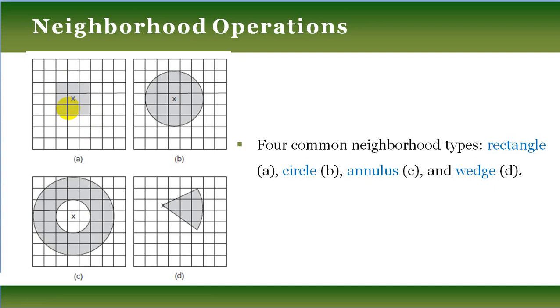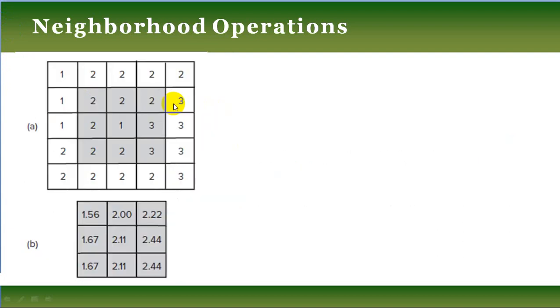Just like local operation is called compositing, raster superimposing, raster overlaying, the same way neighborhood operation is also called focal operation. So let's see a few examples. As I told you, the cell marked with the cross or X is the focal cell.